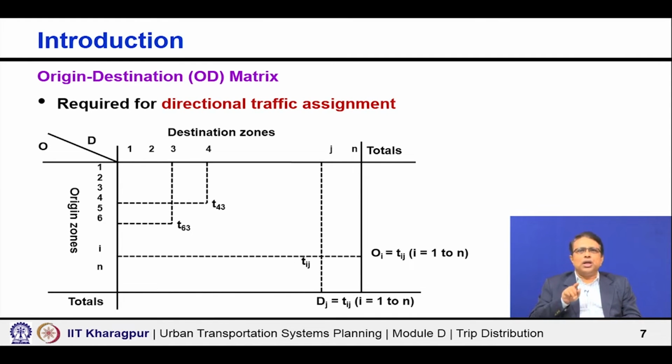All numbers that I am indicating in that matrix, that many trips are actually happening from this origin to this destination. Okay. So, if I am saying an element T_ij, that many directional trips are happening from zone i to zone j, and that is what in most cases we require.